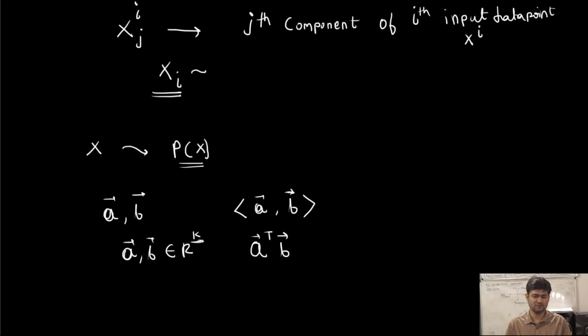Which means that each of the k dimensions of a vector is real valued, or each of the components of these vectors is real valued.